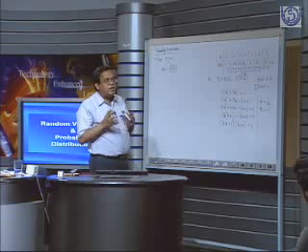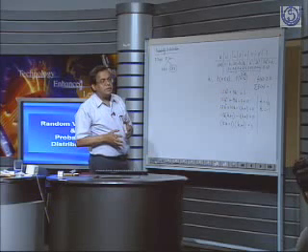So first of all, quickly tell me what is a binomial. First we will understand binomial, then we will understand binomial distribution. What is a binomial? Quickly. Bi means what? 2. Very good. So what is a binomial?